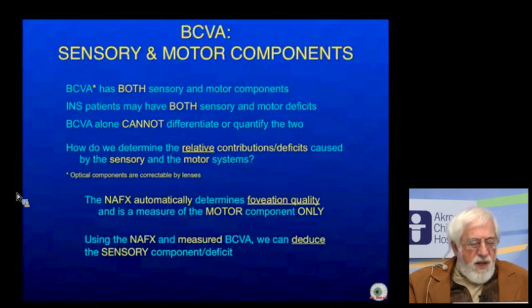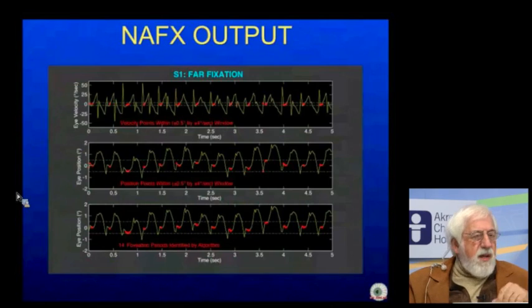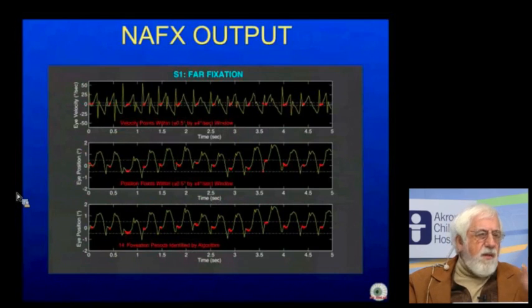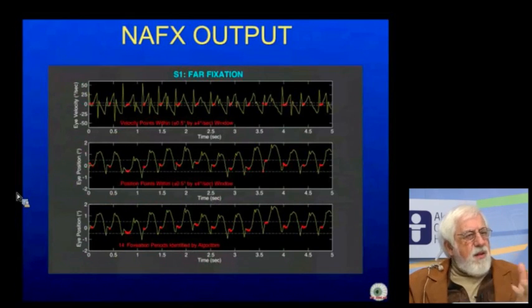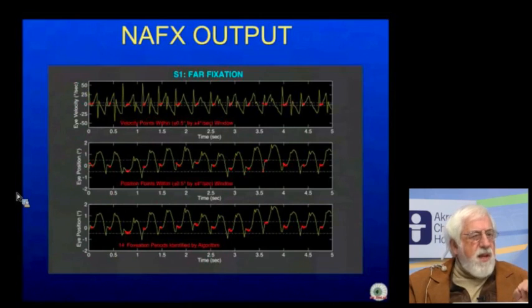So this NAFX, we have here the velocity on top, in the middle we have the position, and what's identified in red on the position curve is everything that falls within a certain foveation window, and on the velocity curve, a velocity window. An algorithm automatically takes the two and finds simultaneous satisfaction of both criteria, dumps all the rest of the information, and performs a statistic only on those little blips of information during the foveation periods.